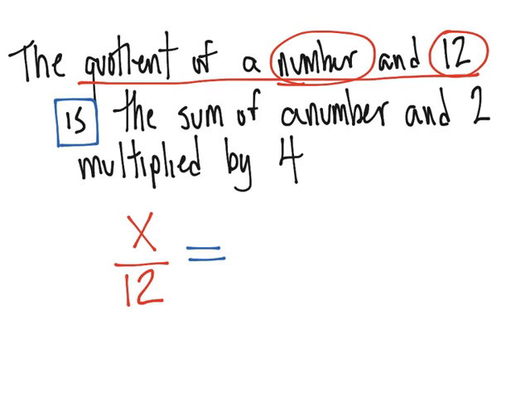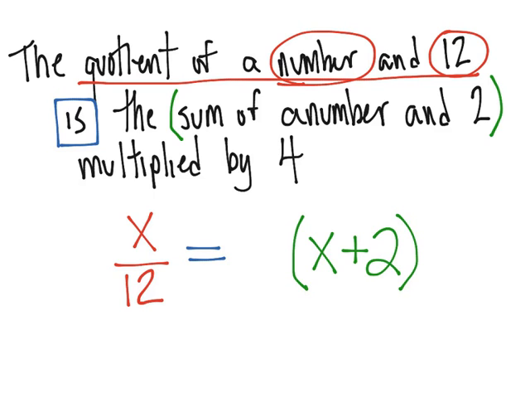Next up, we have to look at the final portion, the sum of a number and 2 multiplied by 4. So once again, going back to PEMDAS, we want to break it into pieces. The sum of a number and 2 is something that's going to go in parentheses. So we'll have x plus 2.